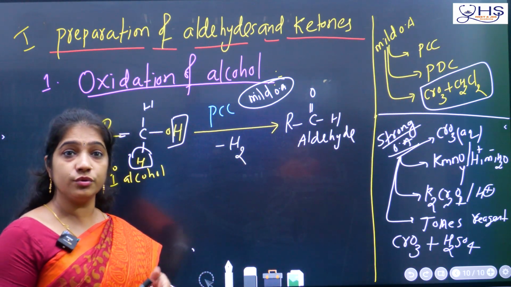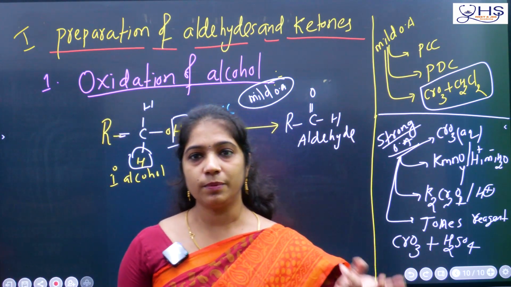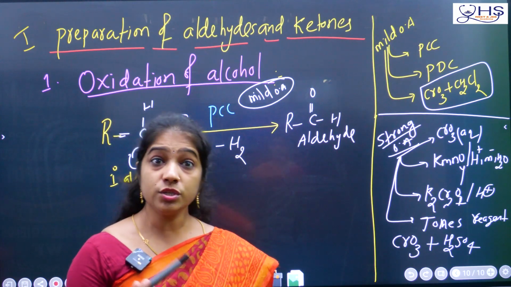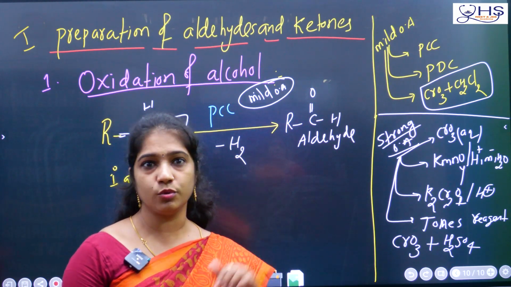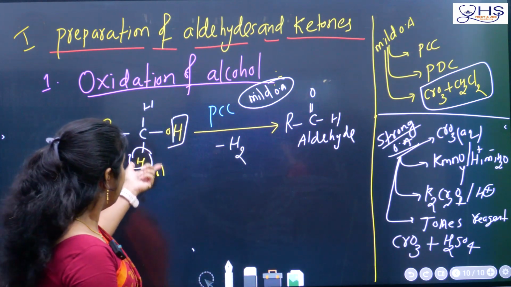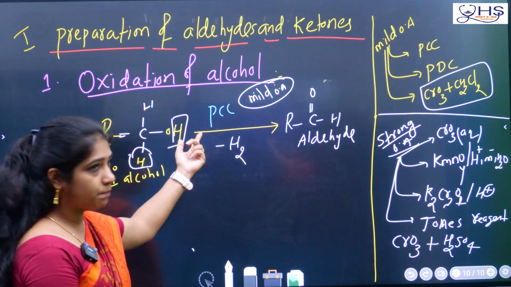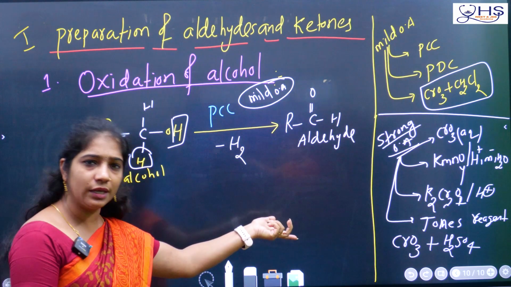Now, one more question is to come. Which of the following is the best reagent to convert primary alcohol to aldehyde? This question has already been repeated in competitive exams and in last year's board exam also. See, the best reagent to convert primary alcohol to aldehyde is PCC. You can convert with PDC also, you can convert with other reagents also.